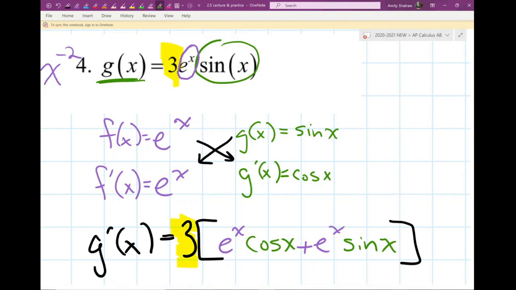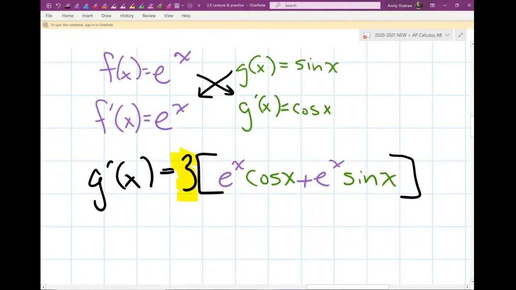I like it a little bit better if, and I will mention this, you see how I have this 3 out in front? And do you see how there's an e to the x and another e to the x? I like this better if, ready, what I do is I say that this is a 3e to the x. Should I have done that in purple? I should have done that in purple.